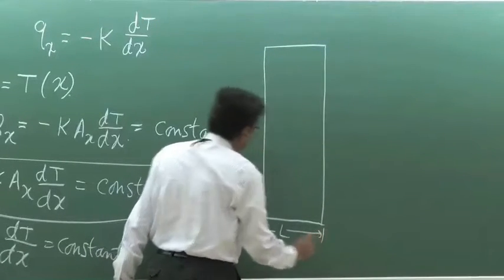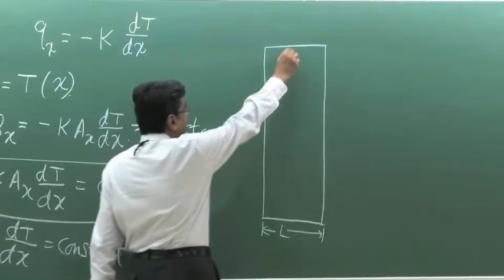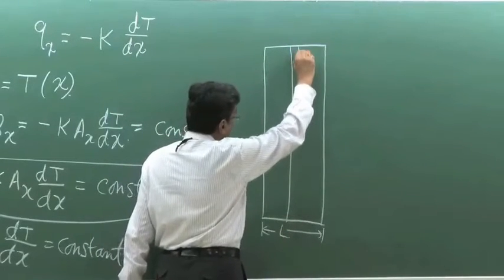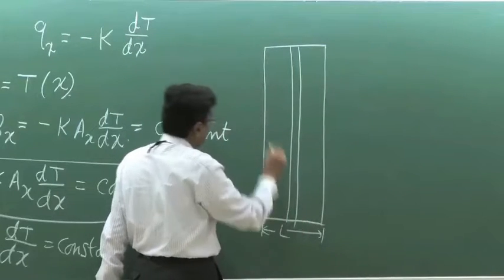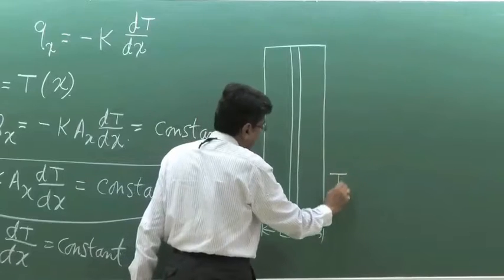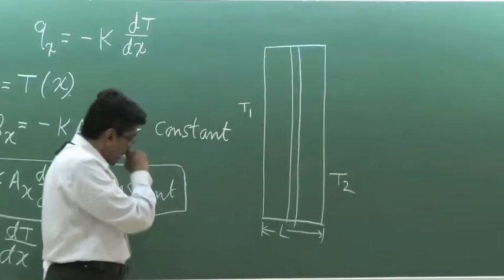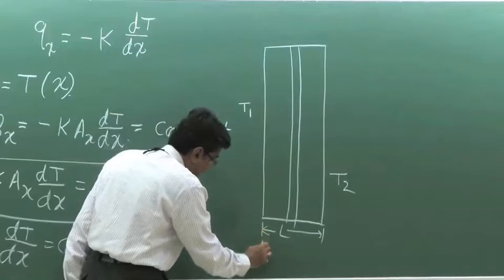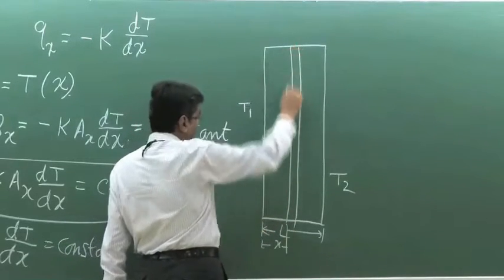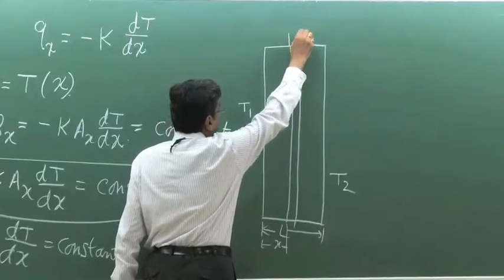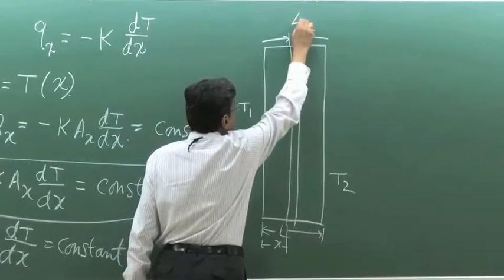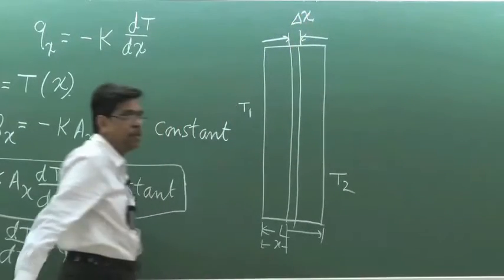In a separate diagram I am showing you that if you take a small elemental volume or small element within the wall, which is kept at T1 and T2, at a distance x, I take a small element of length delta x.